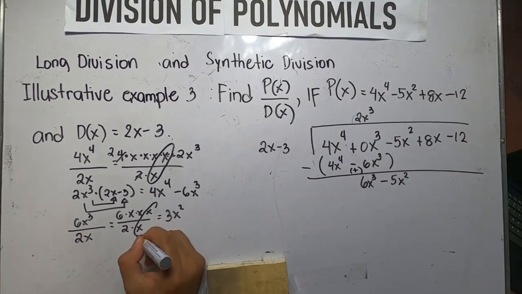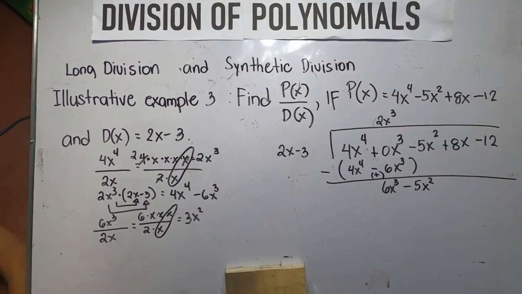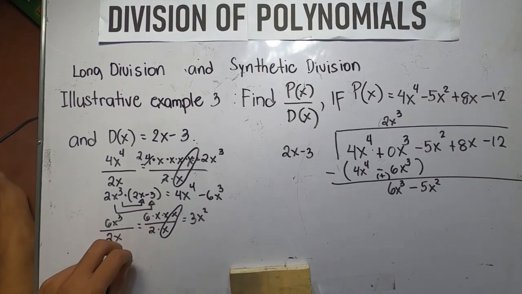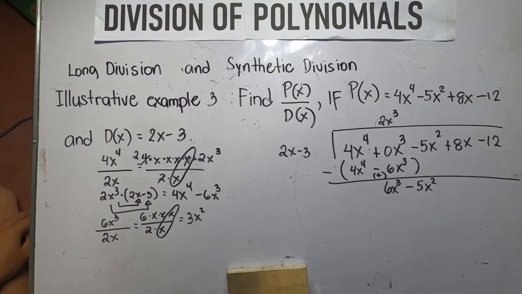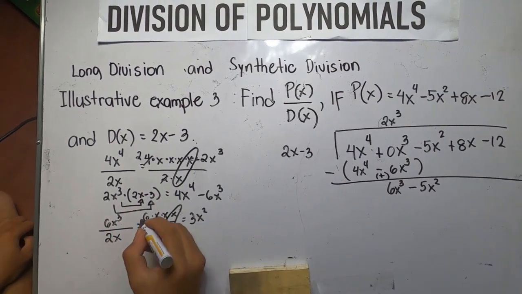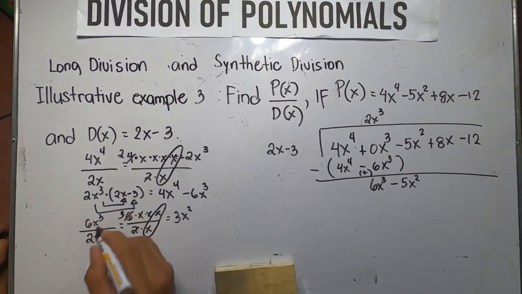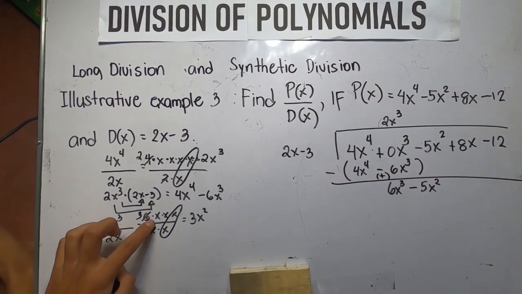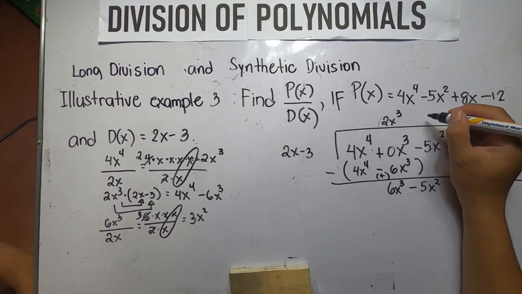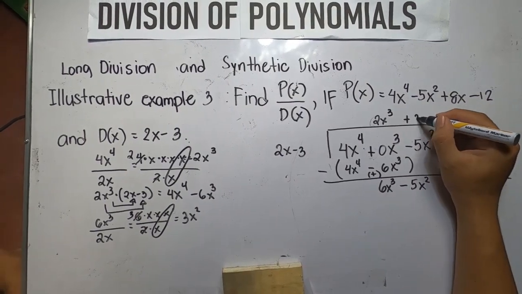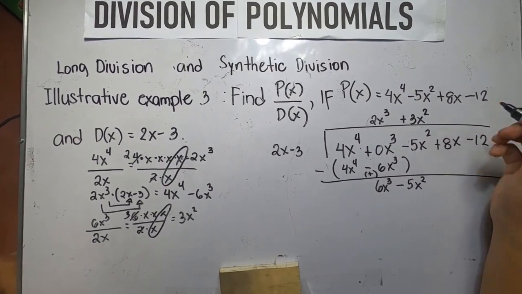We can cancel one pair of x, and what remains is 6 times x divided by 2. But 6 and 2 has a common factor. So we can divide 6 divided by 2, that is 3. 3 times x is 3x squared. So we write 3x squared above the third term of the dividend.